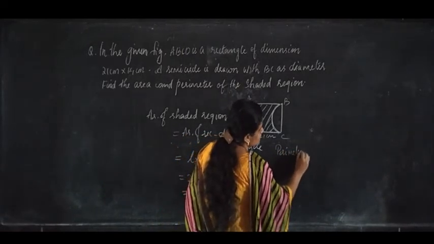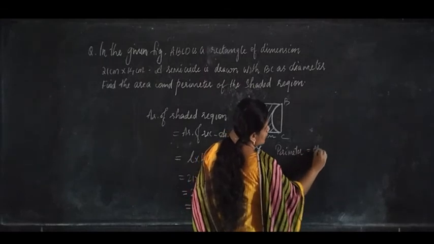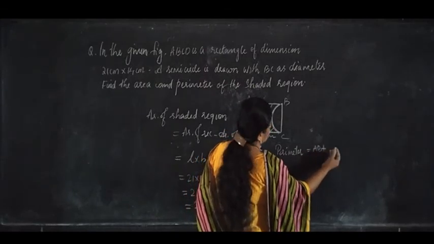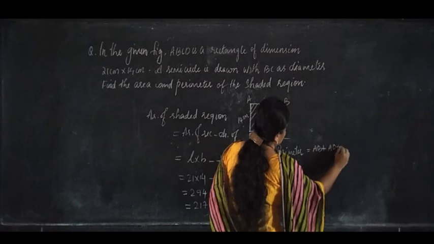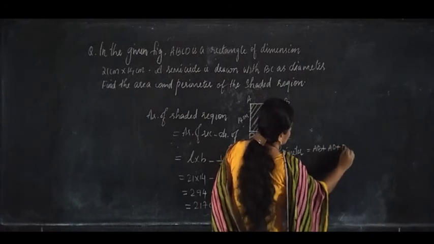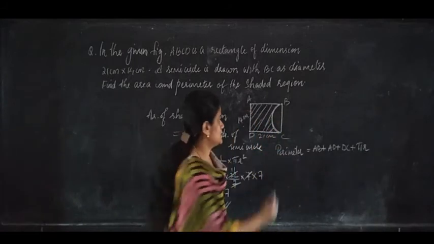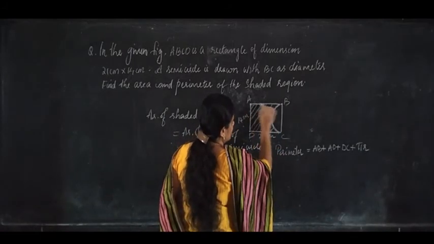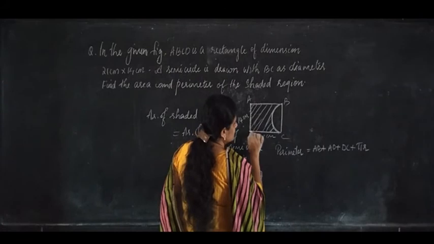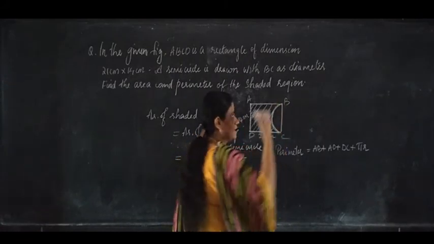Perimeter of the shaded region is equal to AB plus AD plus DC plus pi r.